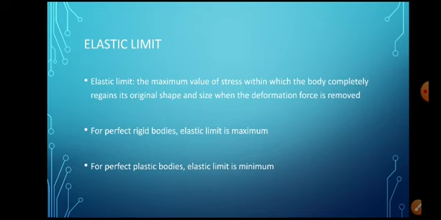This elastic limit is most important while understanding stress and strain. Beyond this elastic limit, the body gets permanent deformation. For perfect rigid bodies, elastic limit is maximum, and for perfect plastic bodies, elastic limit is minimum.